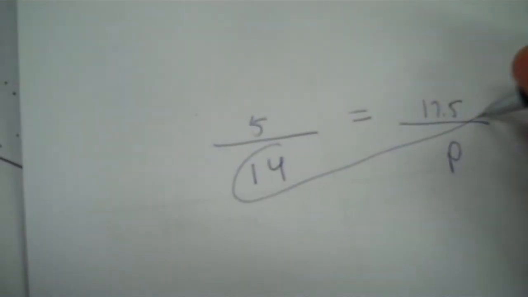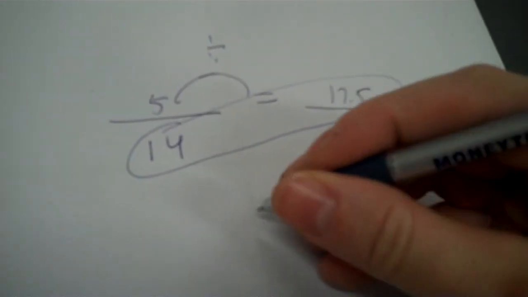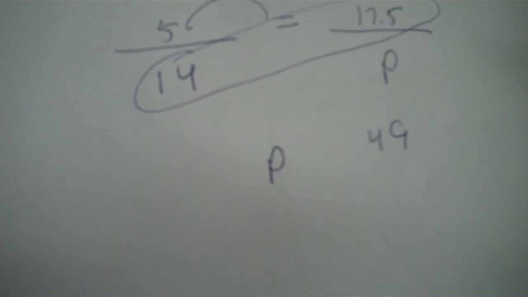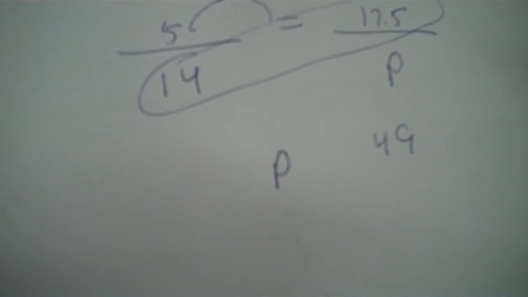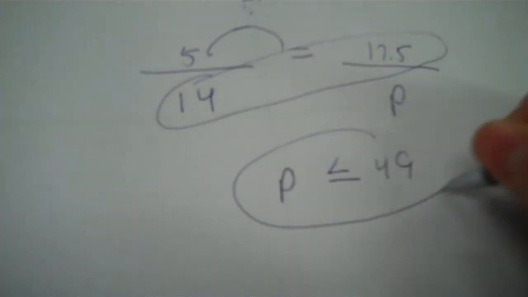Again, I multiply and then I divide. I got 49. So you put P, but instead of P equals 49, you have to decide whether it's greater than or less than. You only have 17.5 pounds, so you can't serve more than 49. So you would have to serve less than or equal to 49.